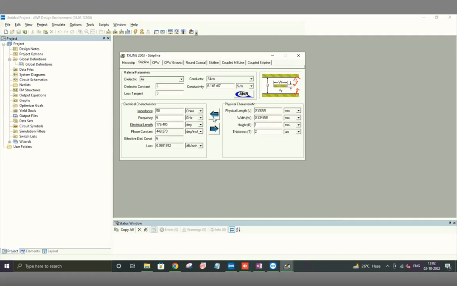So right now the impedance is 50 and the loss is 0.098. So make it 2 microns. The loss increases or decreases? That's strange.